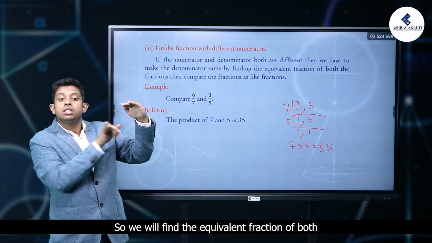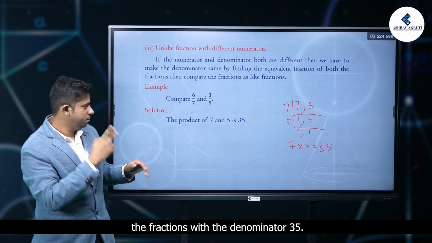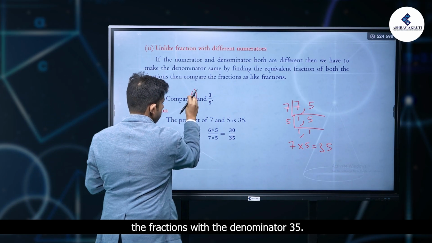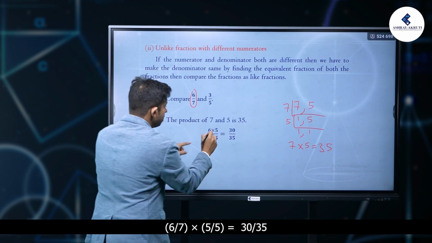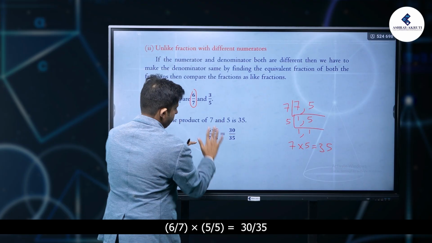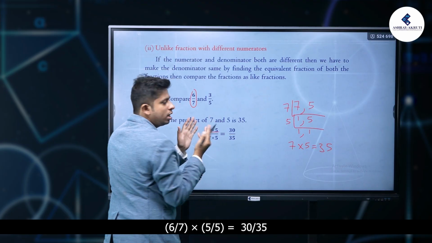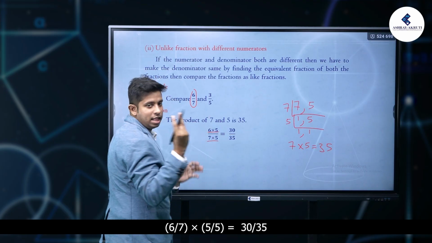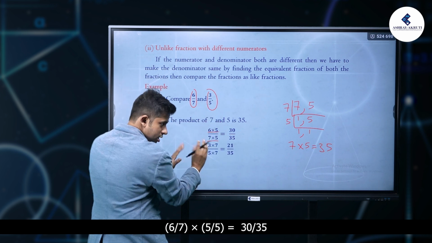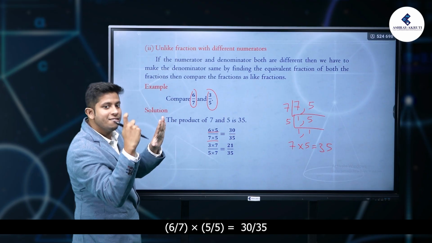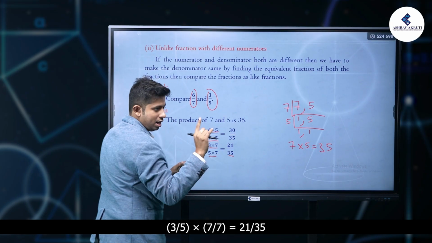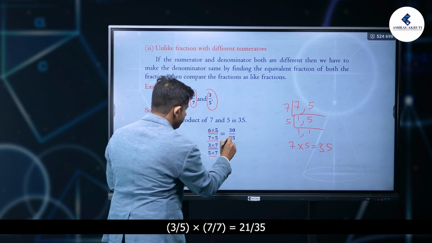So we will find the equivalent fractions of both with denominator 35. 6 by 7 multiplied by 5 is equal to 30 by 35. 3 by 5 multiplied by 7 is equal to 21 by 35.